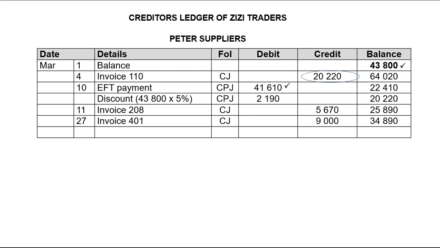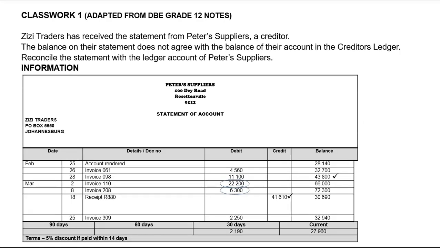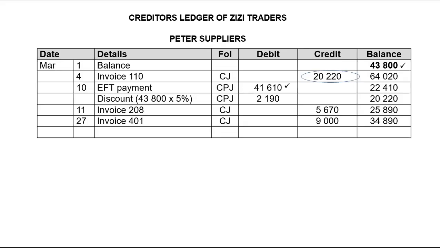And then we've got a discount there of 5%, which is 2,190. Let me check if we have it this side. I do not see it. It was supposed to be on the credit side, but it's not there. Instead, we've got an invoice 309. And note that the statement ends on the 21st. And let's see what we have in the creditors ledger.